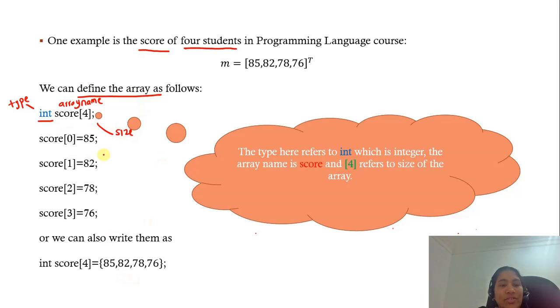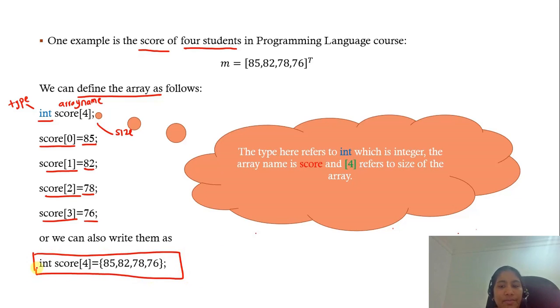This is how you declare an array. And then you have to put all these values here. Start with score 0, 85, score 1, 82, score 2, 78, score 3, 76. Or you can also write it in this form. This is also acceptable in C++.